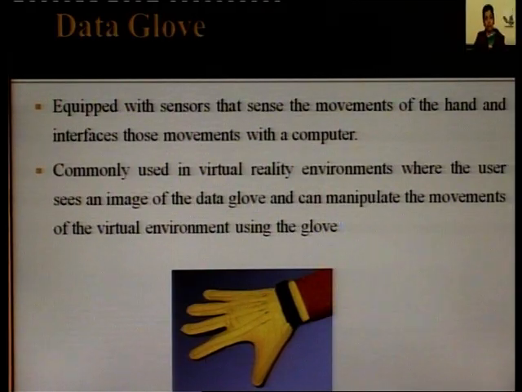A data glove is equipped with sensors that sense the movement of the hand and interface those movements with the computer. Okay. It is commonly used in virtual reality environments where the user sees an image of the data glove and can manipulate the virtual environment using the glove.